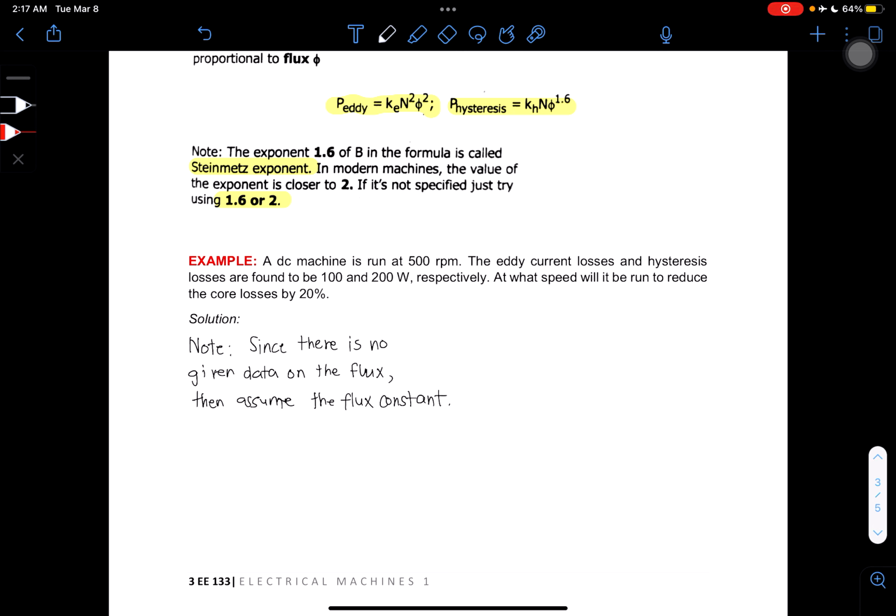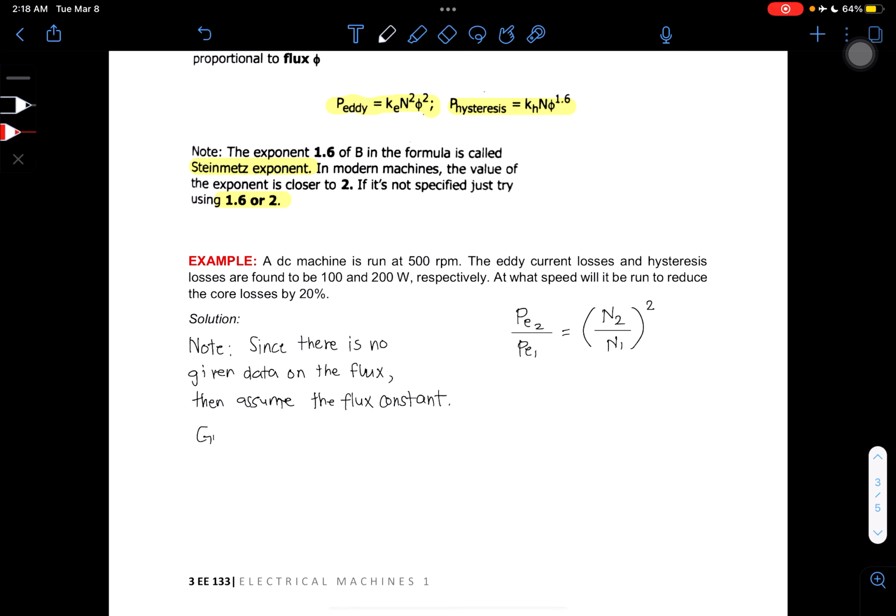So if flux is constant, the formula we use is P_E2 divided by P_E1 equals, directly proportional to the speed, N2 divided by N1 raised to the power of 2. So this is what we use if the flux is constant. Therefore, it is directly proportional to the speed.